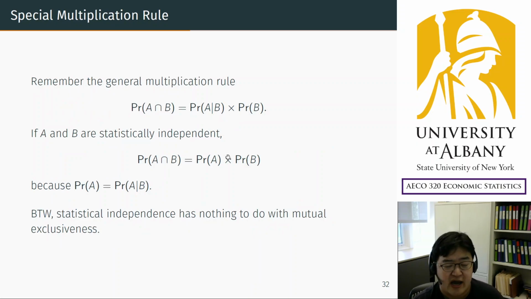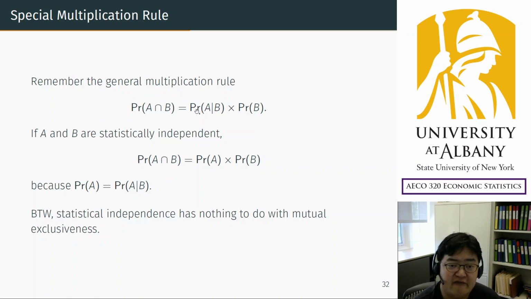Another nice property of statistical independence is the simplification of the multiplication rule. Earlier I gave you the general multiplication rule: the probability of the intersection is the multiplication of the conditional probability and the unconditional probability. But the conditional probability is not easy to calculate.